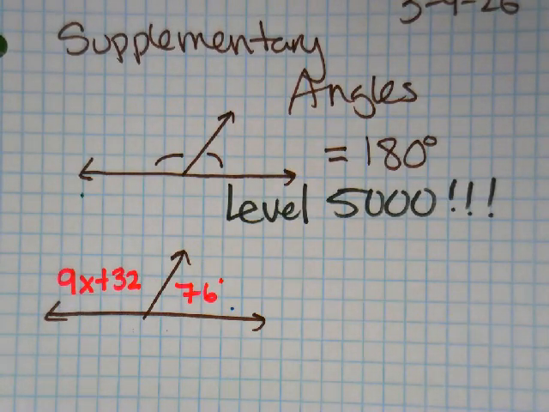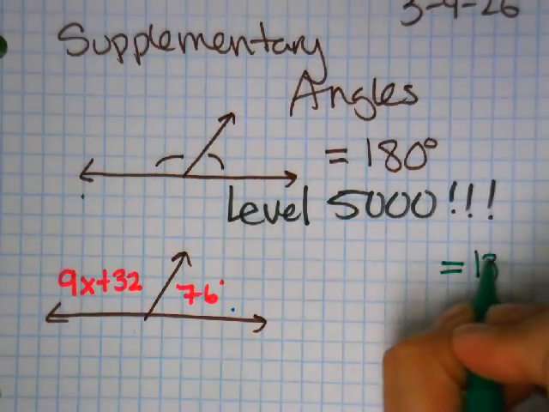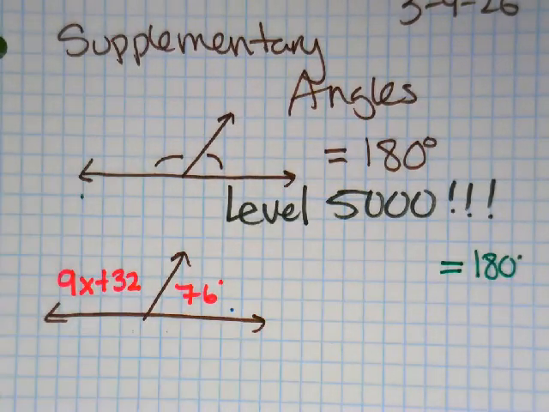Huge difference. Okay. So, straight line, right? What does it equal when it's a straight line? So if you have a test on Friday and you see a straight line, what does it have to equal to? 180. So you know, no matter what, it equals 180.